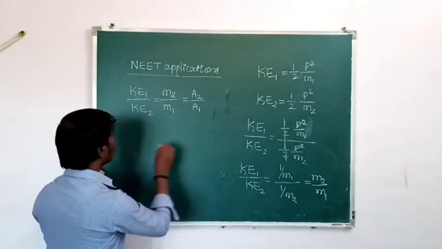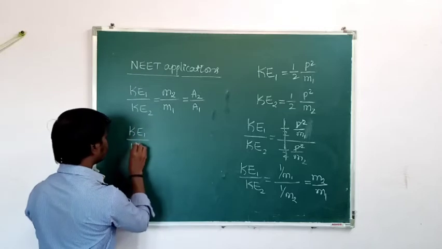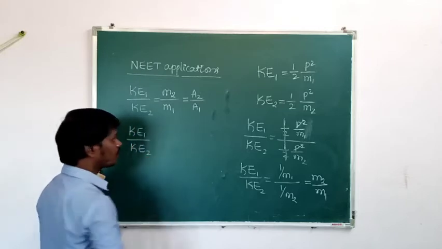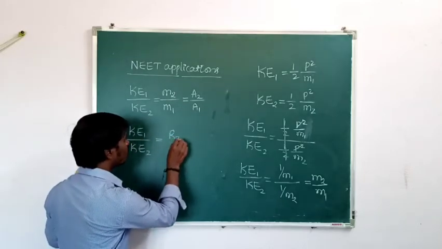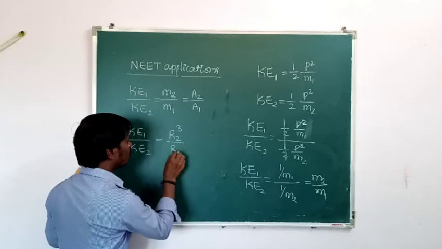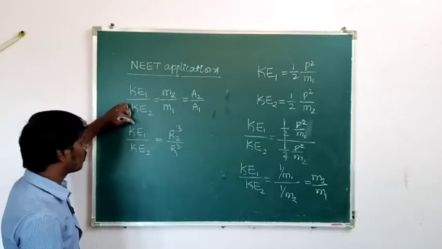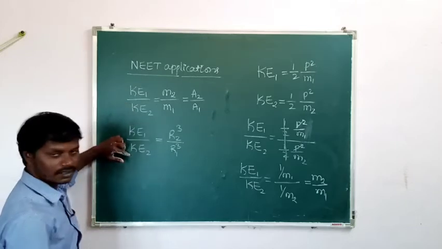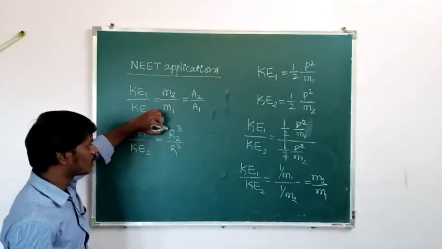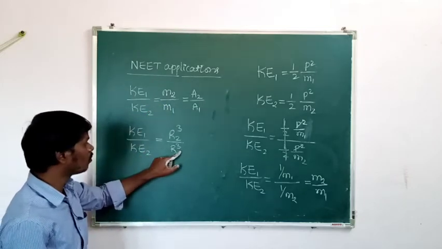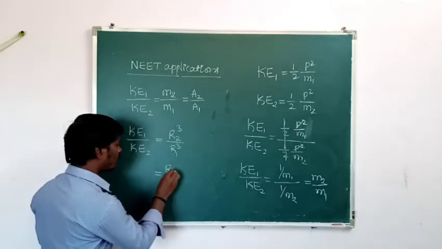Then also we can write Ke1 divided by Ke2 in terms of radius. In terms of radius, that is r2 cube divided by r1 cube. The ratio of kinetic energy of the first lighter nucleus to the second lighter nucleus is equal to the cube of the radius of the second lighter nucleus to the cube of the radius of the first lighter nucleus, that is R2 by R1 whole cube.